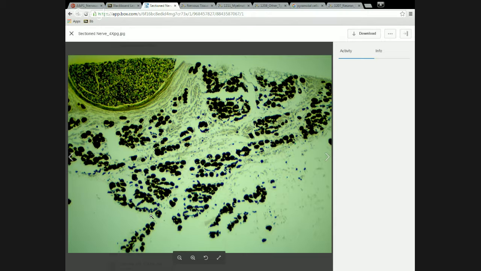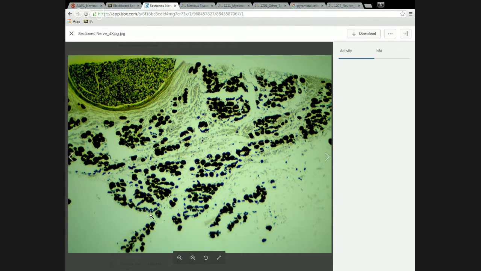Osmium is a heavy metal. It has a big atomic nucleus which blocks light and casts shadows. So everywhere that we see a black spot here, that's where there's a cluster of lipids picking up that osmium stain and casting a shadow.